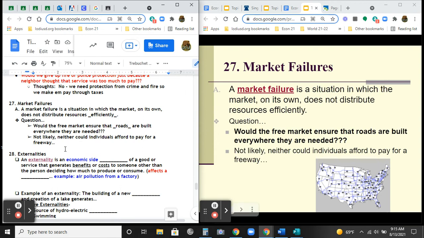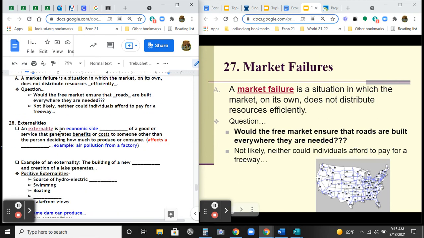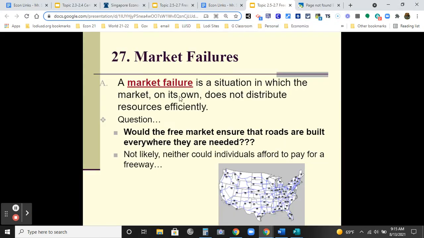And individuals can't afford to pay for it. If you just put it on the local county level, maybe they can't afford it, or maybe the state can't afford it, but the Fed can afford it, especially for interstate highways. I do see the benefit financially for everyone in having highways connect coast to coast. So I can see that. And I think if we look at this picture, we're going to see all these highways connecting.